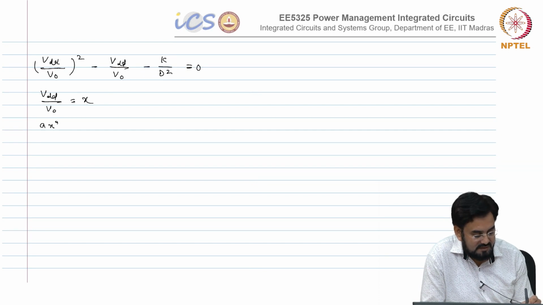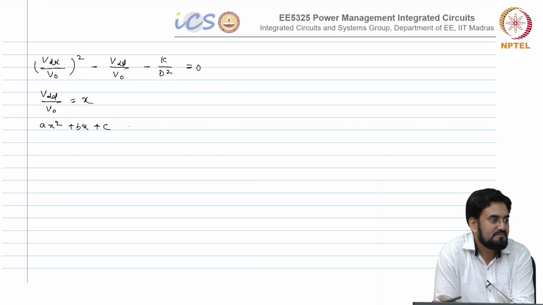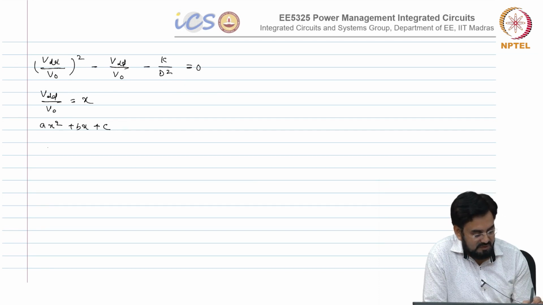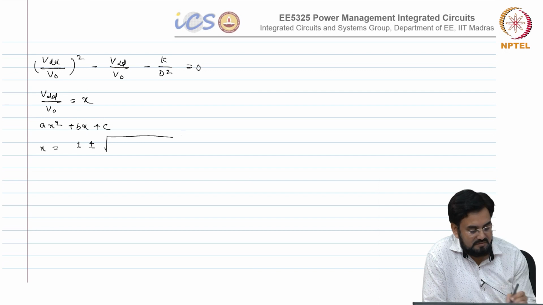So x square plus bx plus c. So what will be the roots? X is equal to minus b, which is 1, plus minus square root of b square minus 4ac.